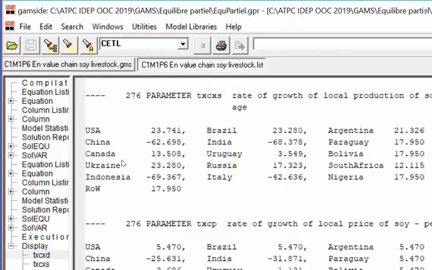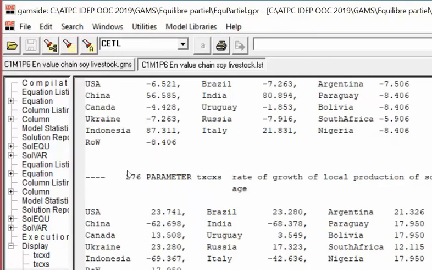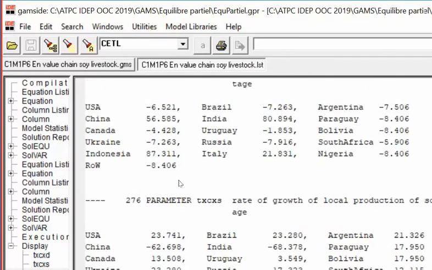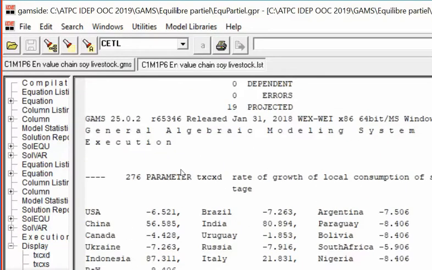For other countries, of course, on one side you've got an increase in the world price, but on the other side you've got an elimination of import duty. So for example, in China, the second effect is larger, and so there is a decrease in the local price of soy.